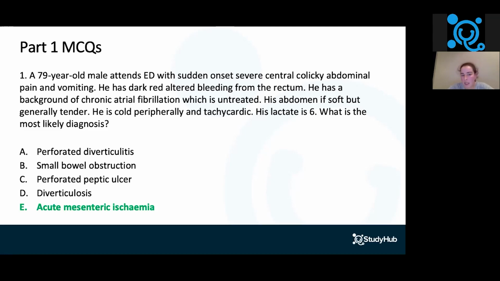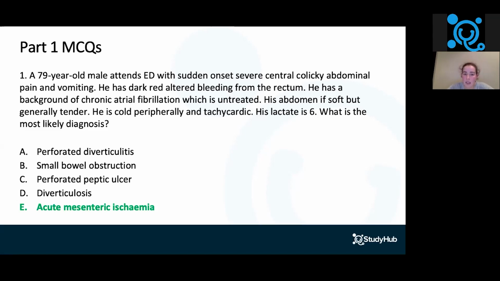Now, it says here the patient's got chronic atrial fibrillation, which is untreated, and that puts the risk of forming clots, which can break off and embolize. So the suggestion here is the patient's got untreated AF, and a clot has gone into one of the vessels of the aorta and caused ischemic bowel.